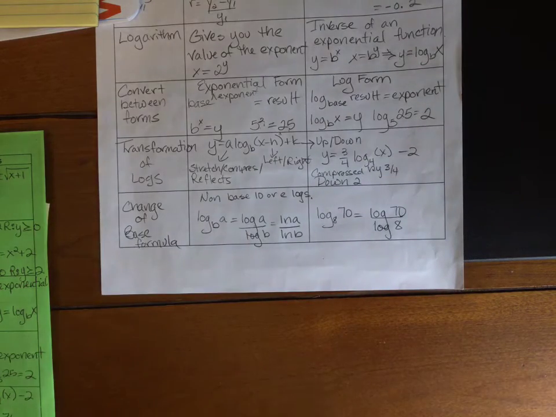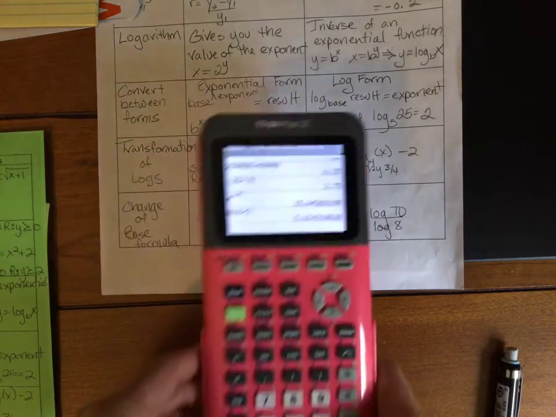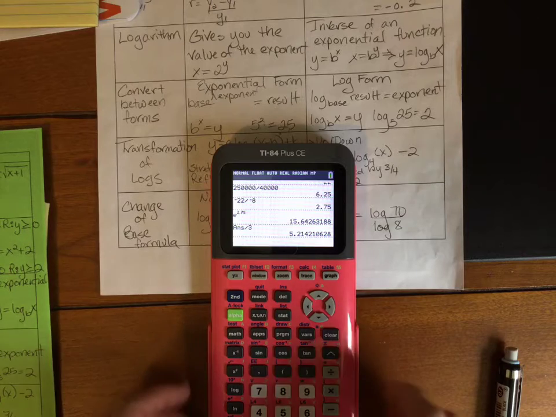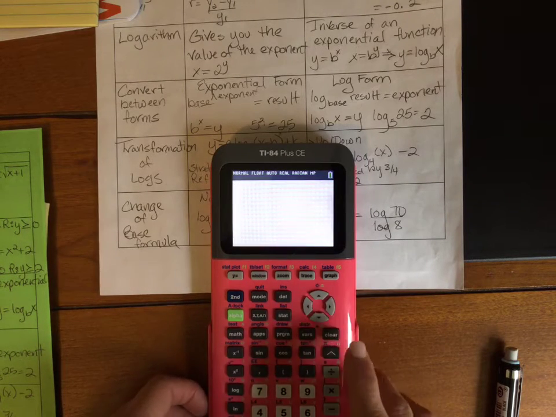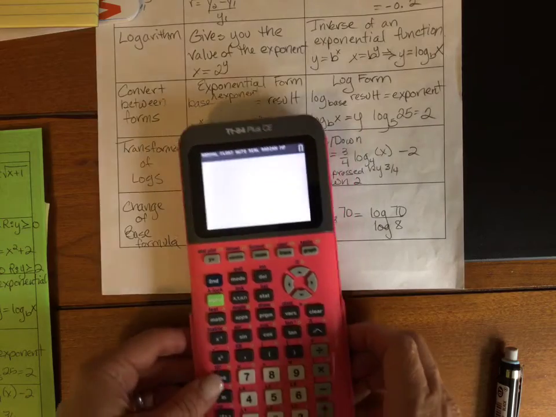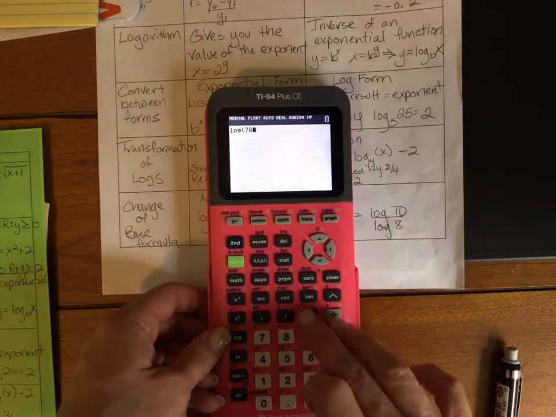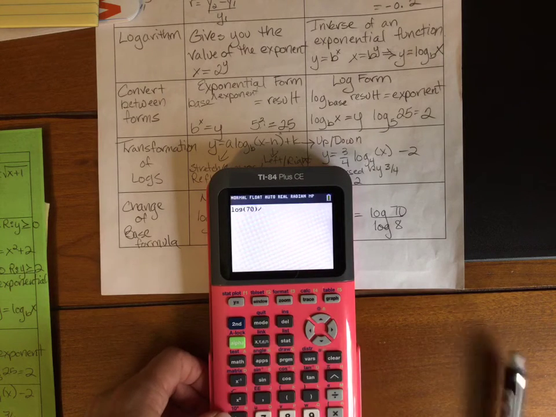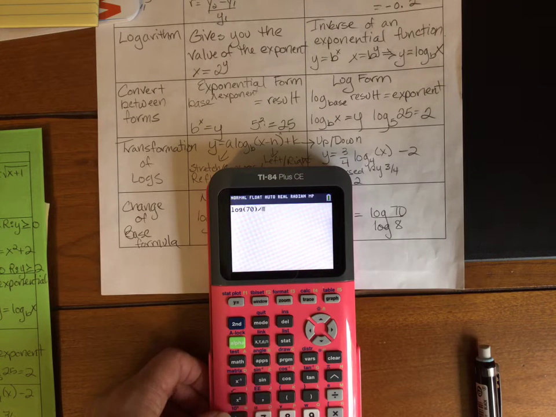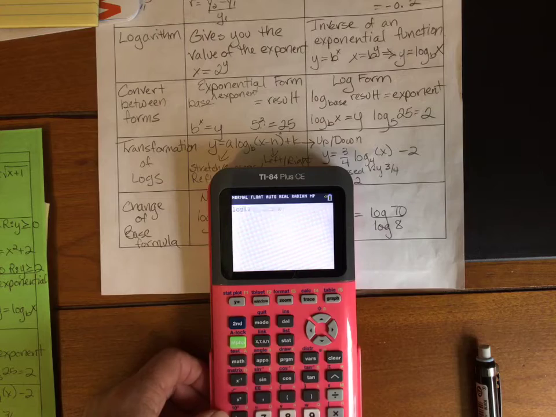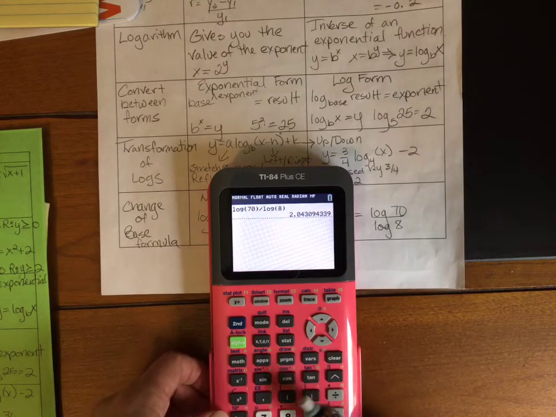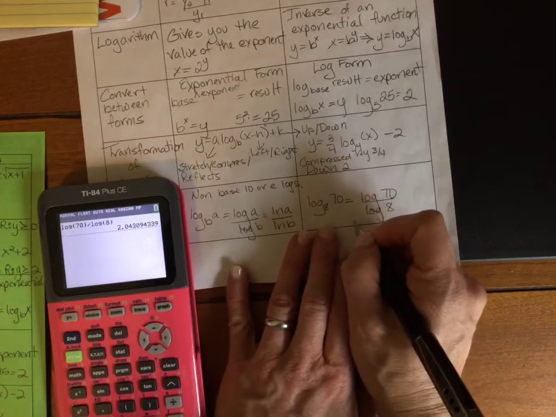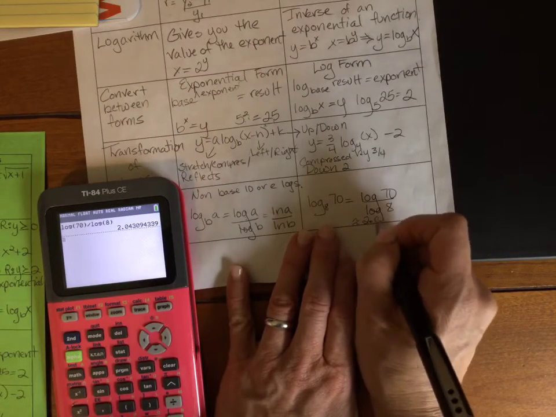And if I put this in my calculator, let's clear that so you guys can see better. I would take log of 70, make sure you close that parentheses there before you hit division. And then you want to have log of 8. And there you get approximately 2.04. So our approximate answer is about 2.04.